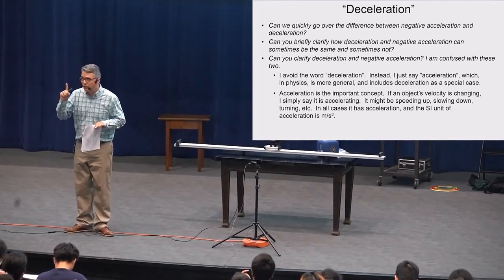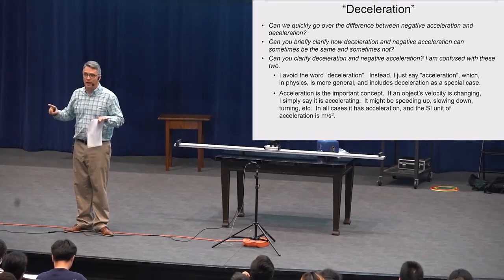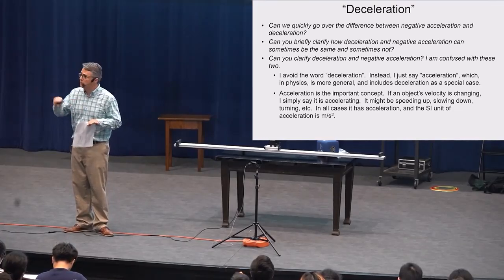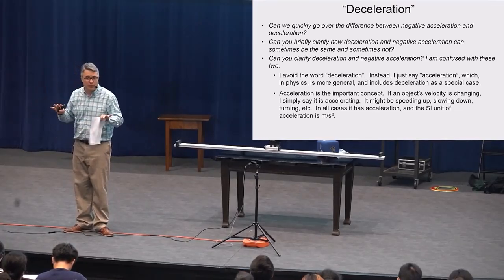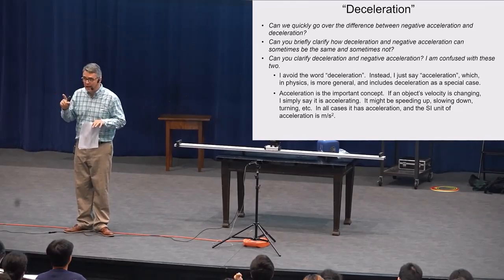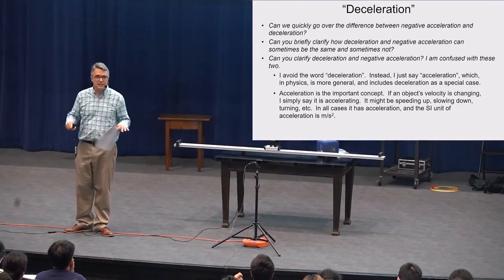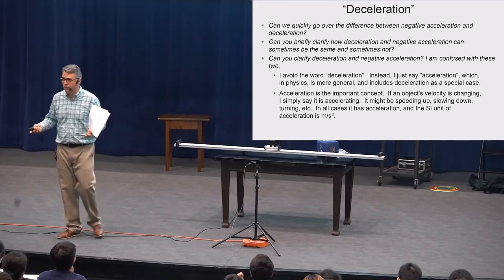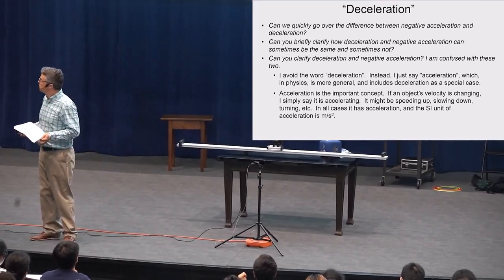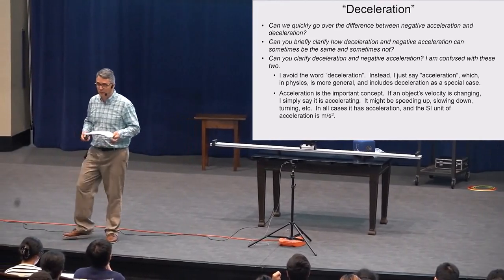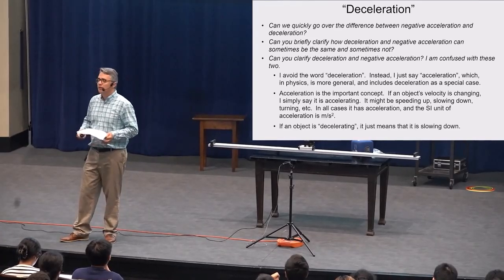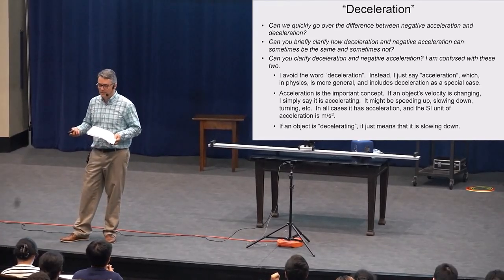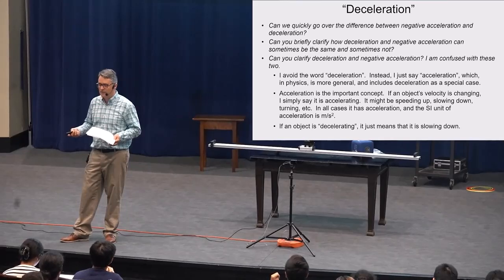If an object's velocity is changing in any way, because it's speeding up maybe, it's slowing down, or it's turning, whatever, then it has acceleration, and this acceleration can be measured in meters per second squared. You don't need to even use the word deceleration. But if you want to, I think deceleration means that it's slowing down.